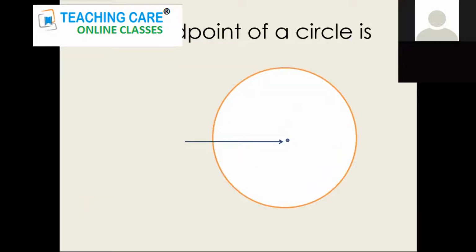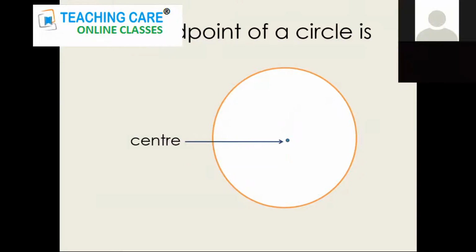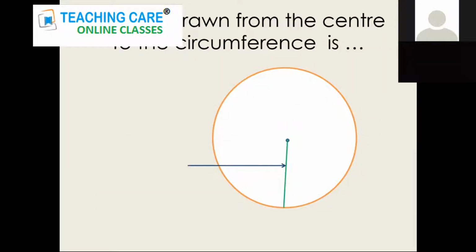The midpoint of a circle you call the center, because the midpoint is the perfect half of the distance between the given points. A line drawn from the center to the circumference is called a radius.